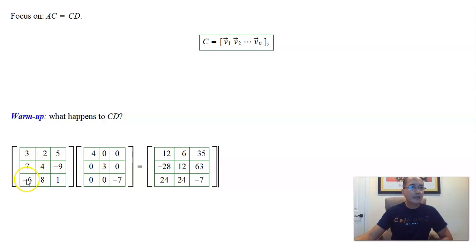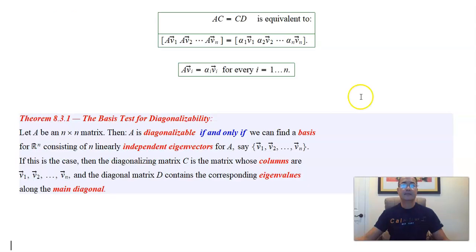Look at column 1 and look at column 1 in the original matrix. It looks like everything here got multiplied by -4 to produce the new column 1. What about the third column? That entry is -7, so -35 plus 63 -7. Yes, multiply each column by the corresponding entry in the diagonal matrix.